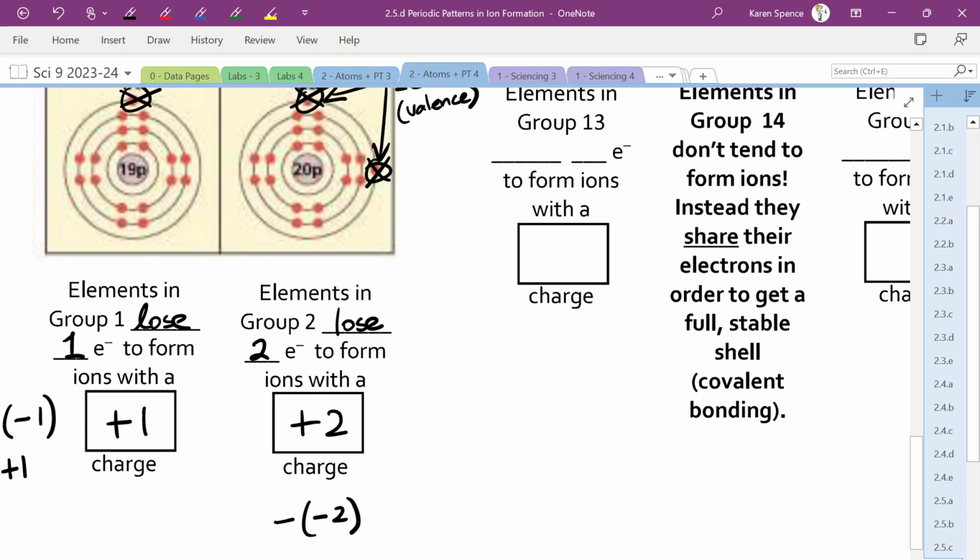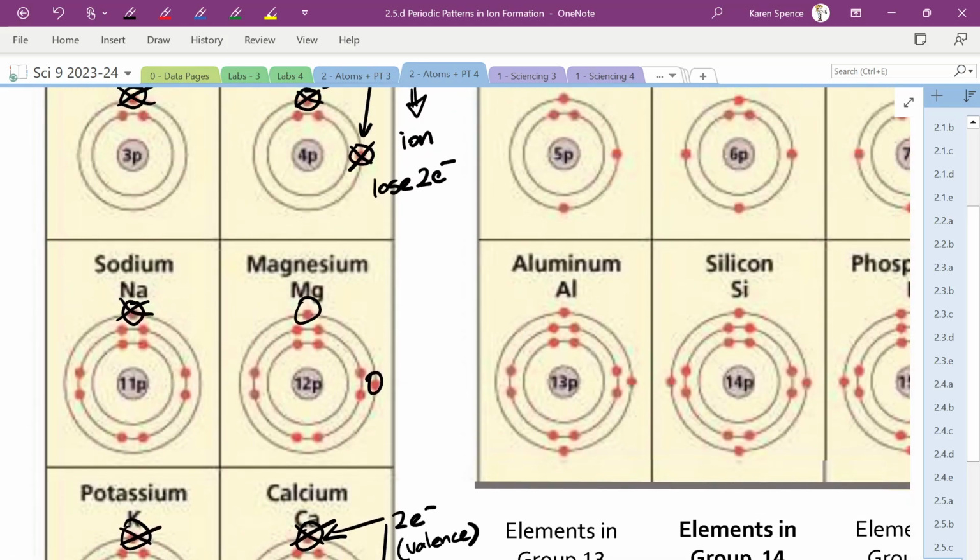Now you'll notice we're going to skip all the transition metals. Why are we skipping all the transition metals? How well do Bohr models work for the transition metals? They don't. They just don't. So we're going to skip over all the transition metals.